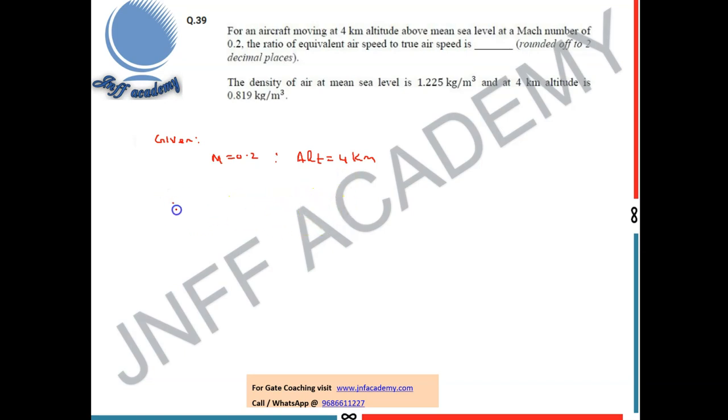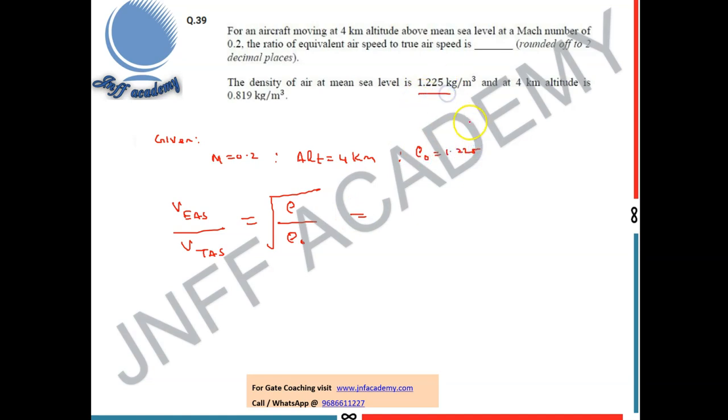So V_EAS divided by V_TAS, equivalent airspeed and true airspeed, which is what is asked in the question, is nothing but the square root of rho by rho naught, where rho is the density at that corresponding altitude, rho naught is density at sea level. Okay, so in the question it's also clearly given that rho naught, density at sea level, is 1.225.